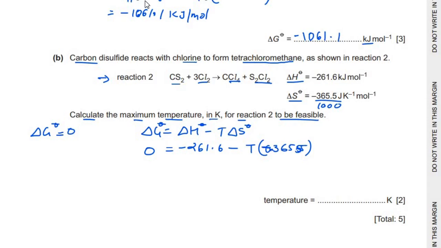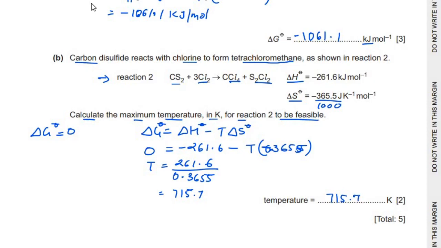So if we rearrange now, then it's going to be T is equal to 261.6 divided by 0.3655, and the answer is 715.7 Kelvin. So 715.7 Kelvin is the answer.